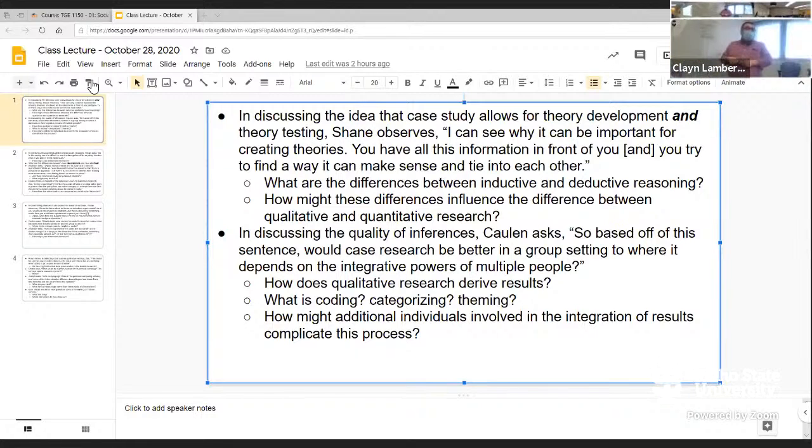Case studies and qualitative research. Here's who I interviewed. Here's how I interviewed. Here's what I know about them. Here's what I know about myself. Here's what they had to say. Here's how I led. If they said this, I coded it this way. And I had to do that for every single one of the individuals that I interviewed, all 8.